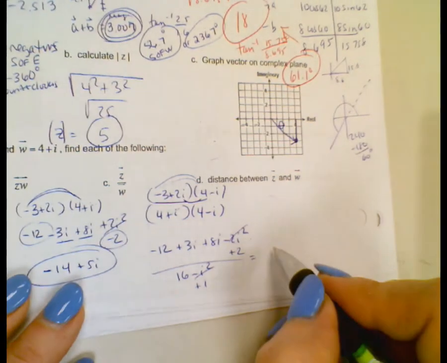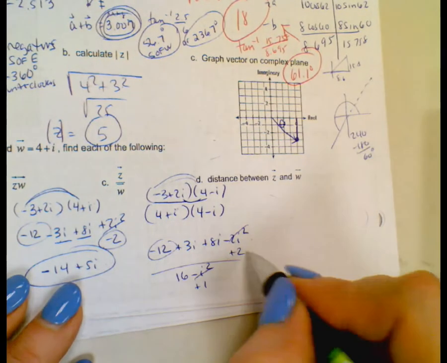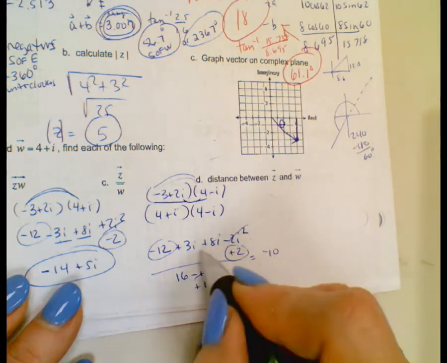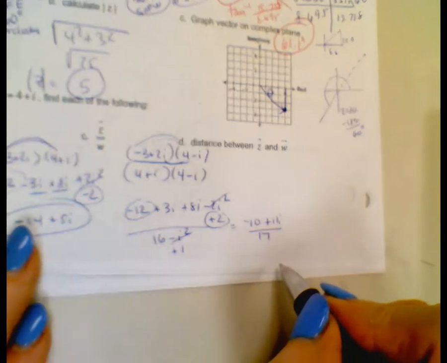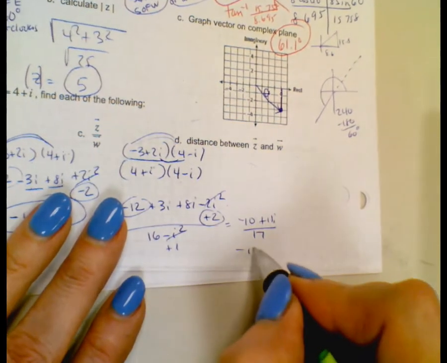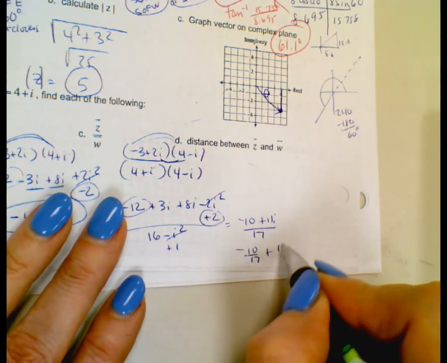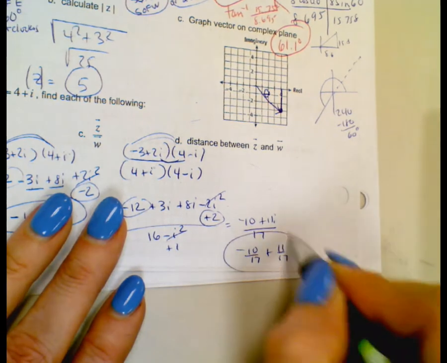So that is negative 10 plus 11i over 17. Your answer then would be negative 10/17 plus 11/17 i.